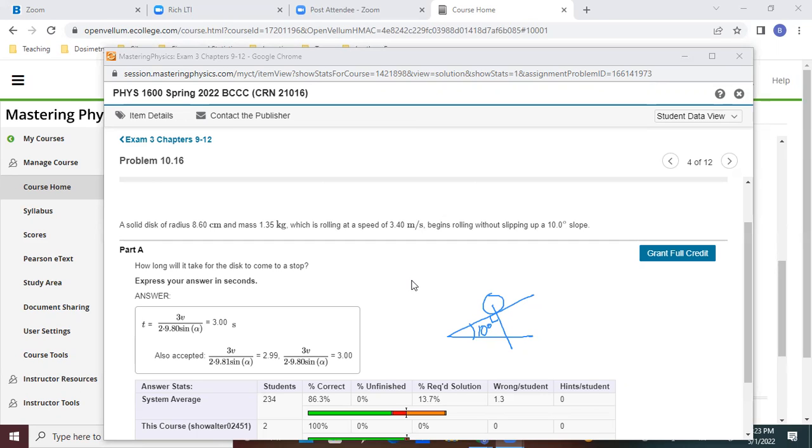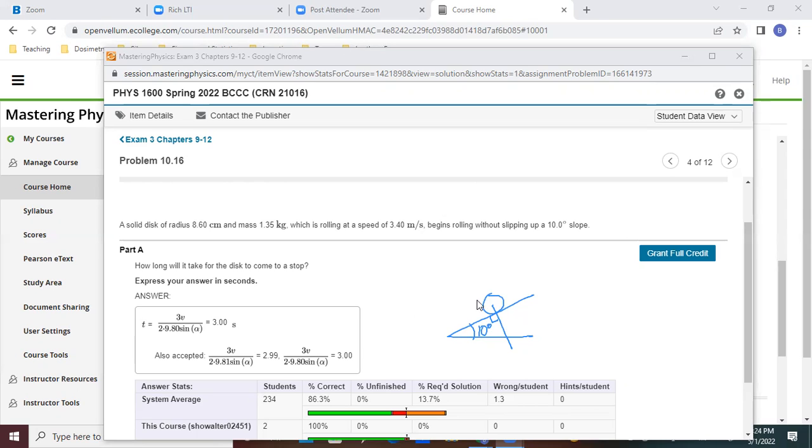I wanted to give you an idea as to what it would take to solve this particular problem. Let's take a quick look at the situation. You've got this solid disk that is starting down here, but is going up this particular 10-degree slope.